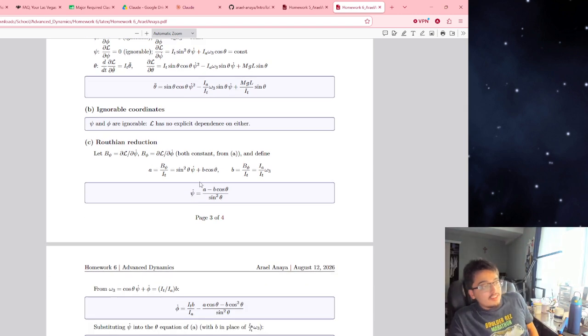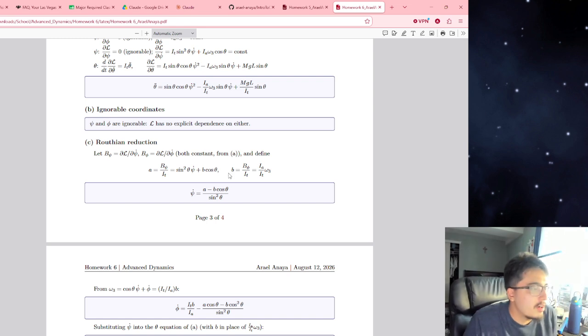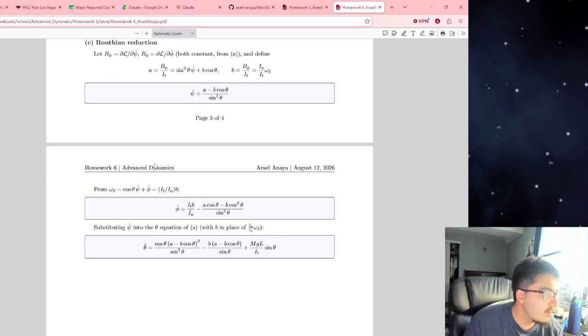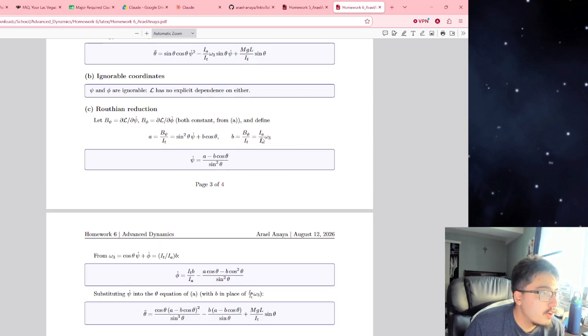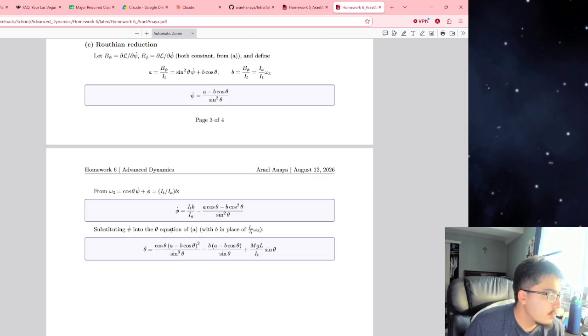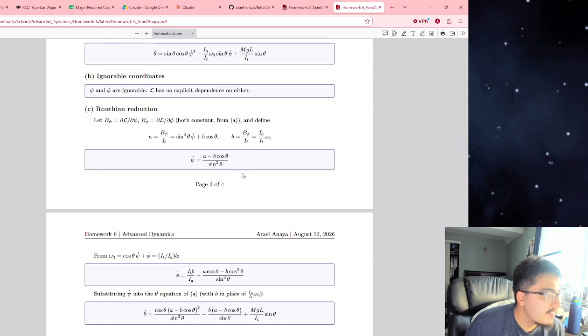Then we go ahead and write this equation out in terms of psi dot, because we're going to eventually plug that back into our real equation of motion. So we solve it for psi dot. We repeat the same process for phi dot, because we have the equation for omega 3. So we essentially want to eliminate that from our phi dot definition when we solve this equation out.